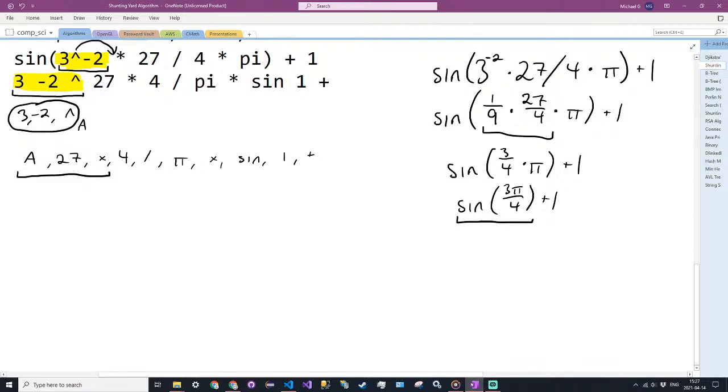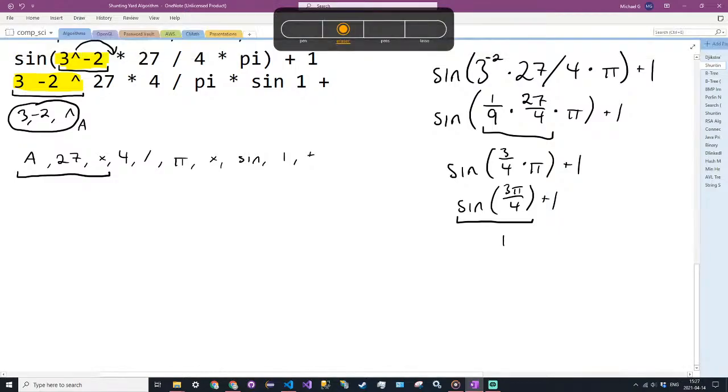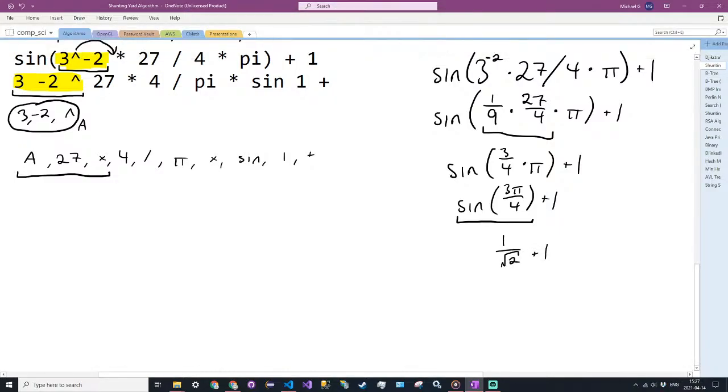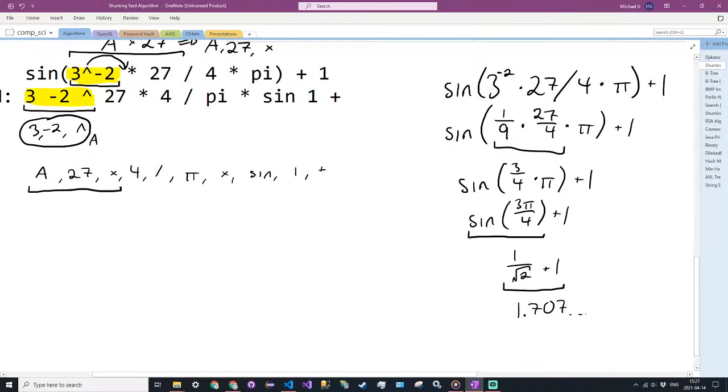Sine of 3 pi over 4 is 1 over root 2, plus 1, and then we are left with this final expression, which is 1.707, I believe. So this mirrors the process of taking the postfix notation and evaluating it just by merging or linking nodes.